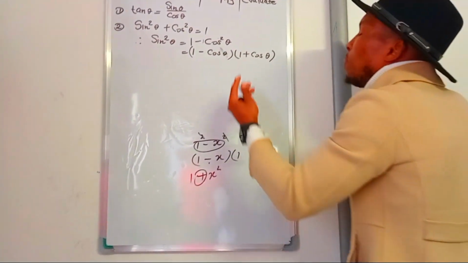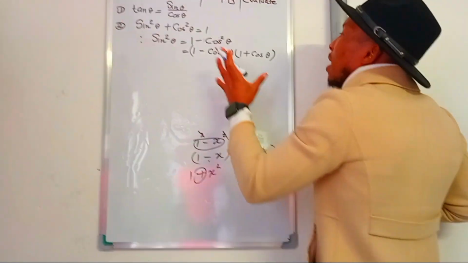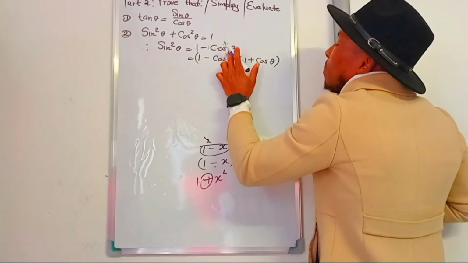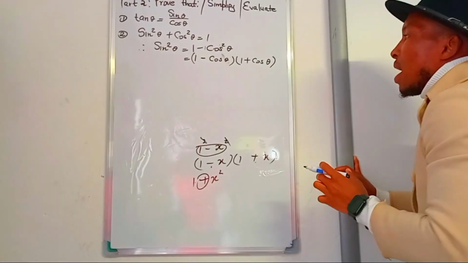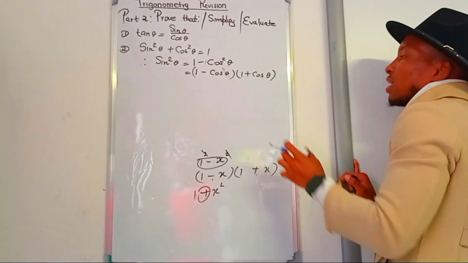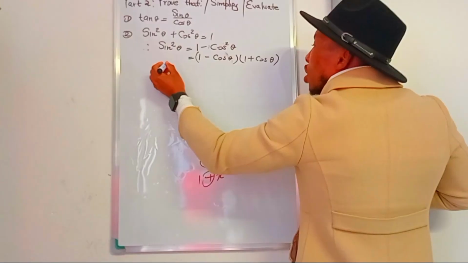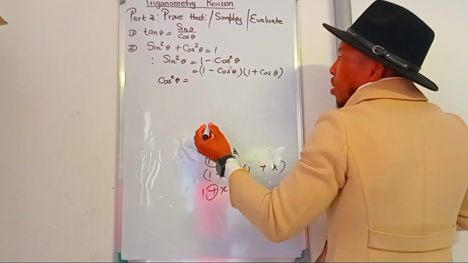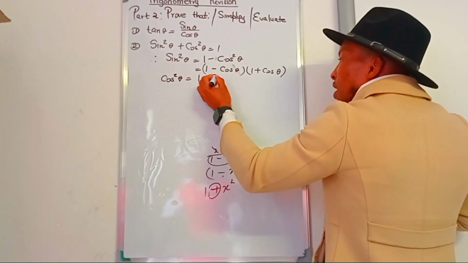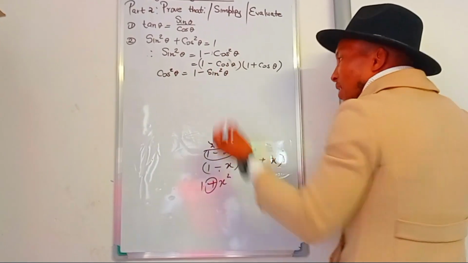Why is this important? Because here we're going to prove the identity, whereby we need to simplify this 1 minus cos squared in terms of cos. You can also factorize cos squared theta, which is going to be equal to 1 minus sin squared theta.